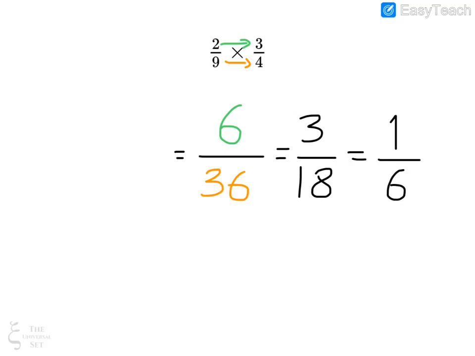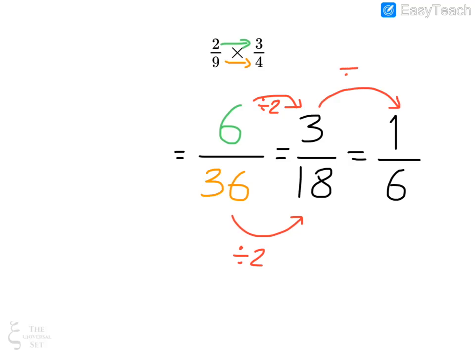Maybe I'll add on a little bit more working so we can see what's happened there. So how did I get from this 6 to the 3? I divided by 2, and because I divided by 2 on the top, I had to do the same on the bottom, divide by 2. And then what did I do? Well, I spotted that 3 and 18 are both in the 3 times table, so I could do one more step of simplifying.